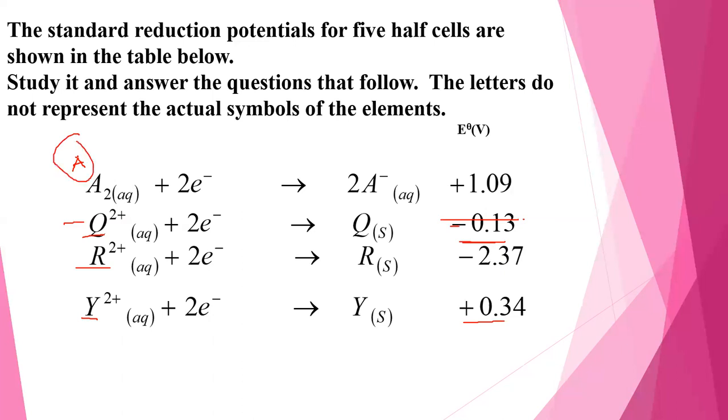This Q will be at the anode because it will be oxidized, since it is a reducing agent. Then it will reduce that one. So we have Q, which is oxidized.